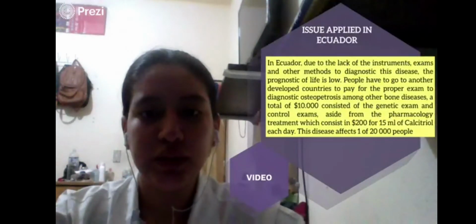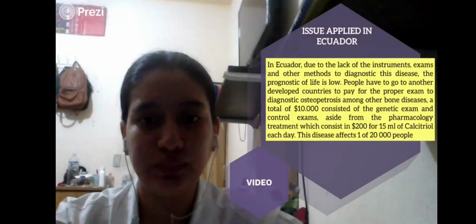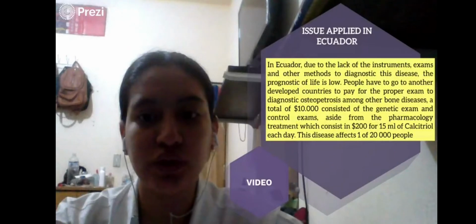In Ecuador, due to lack of instruments, exams, and other methods to diagnose this disease, the prognosis of life is low. People have to go to other developed countries to pay for the proper exam to diagnose osteopetrosis, among other bone diseases.